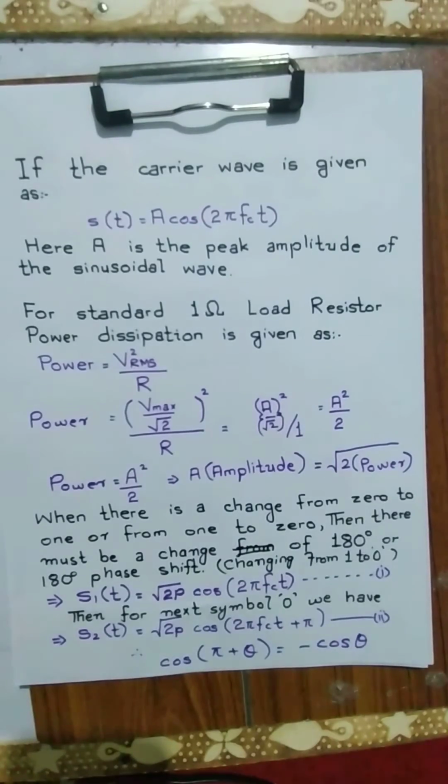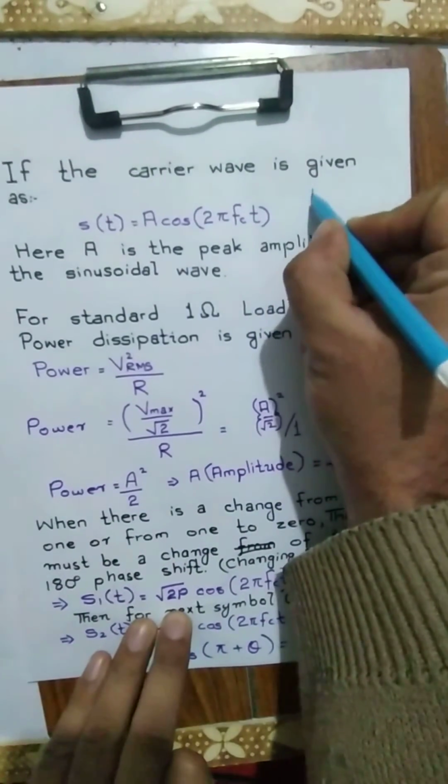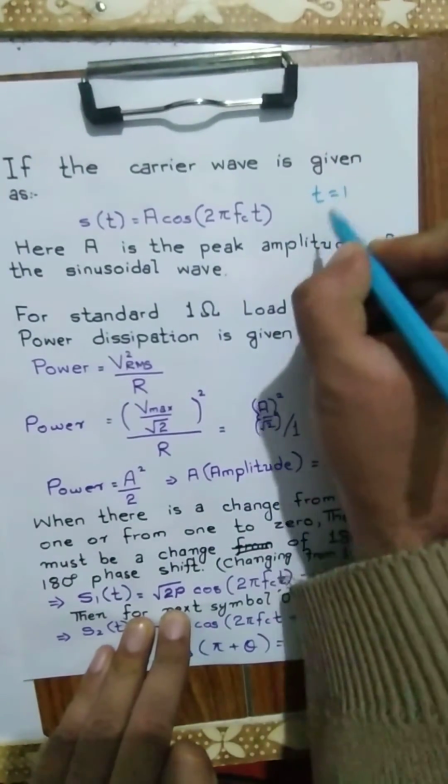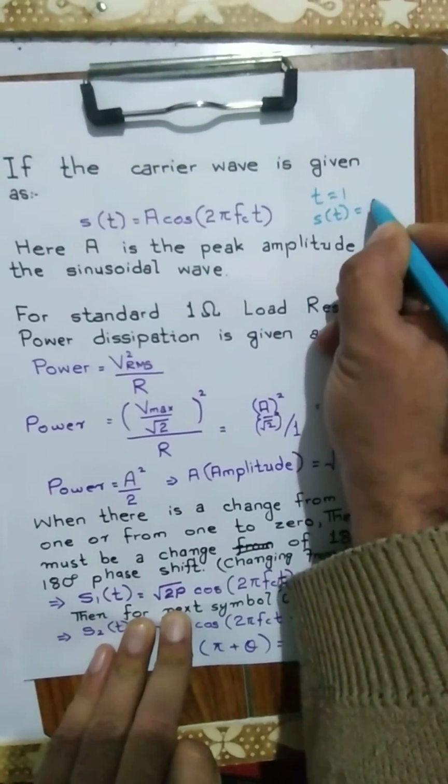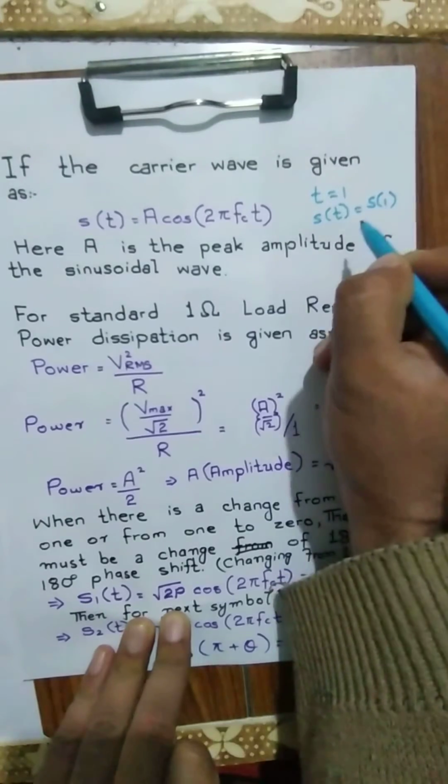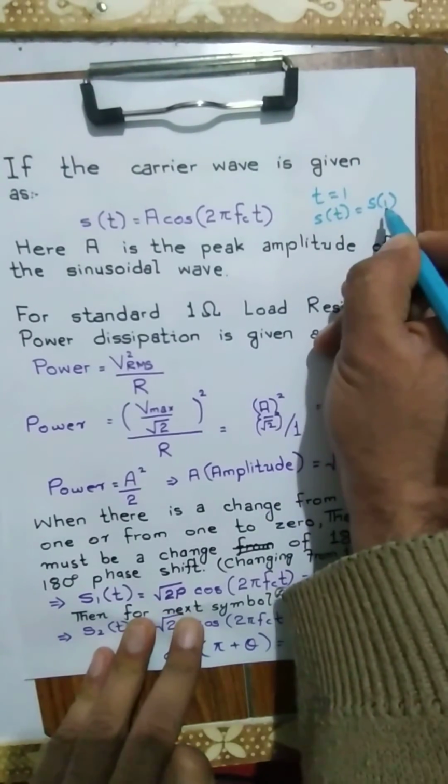Like you can say that if t is equal to 1, then actually s of t is equal to s of 1. So it is instantaneous.